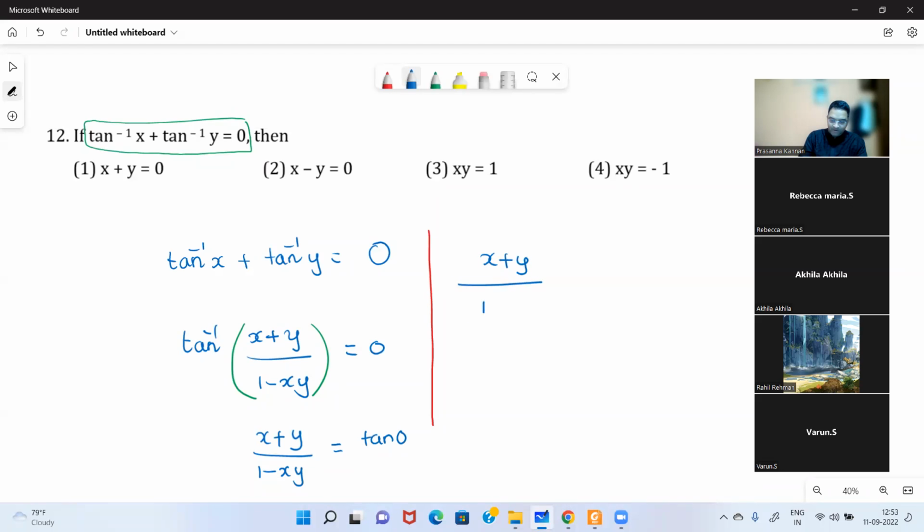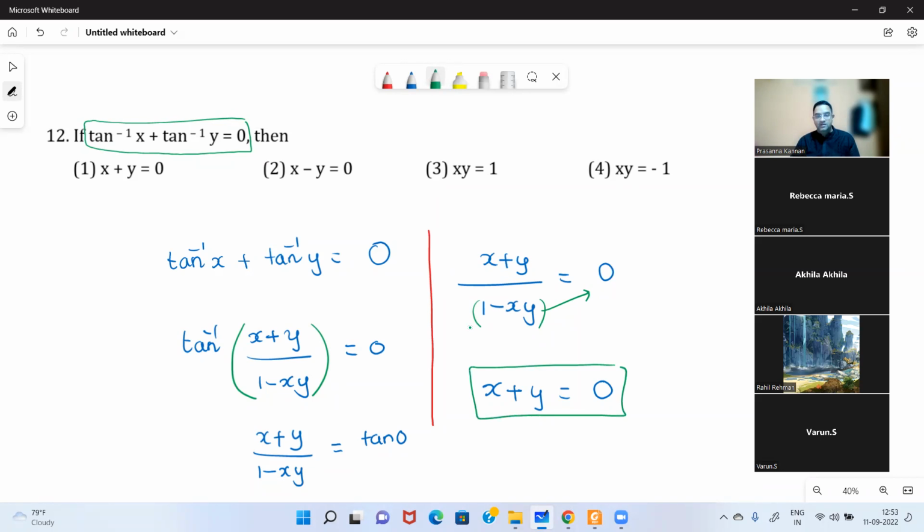So x plus y divided by 1 minus xy is equal to 0. You can take this to the other side and multiply with it. That will also be 0. So x plus y is equal to 0. Clear? 0 into 1 minus xy is going to be 0 itself. So what is the answer? Option A. Option A is correct.